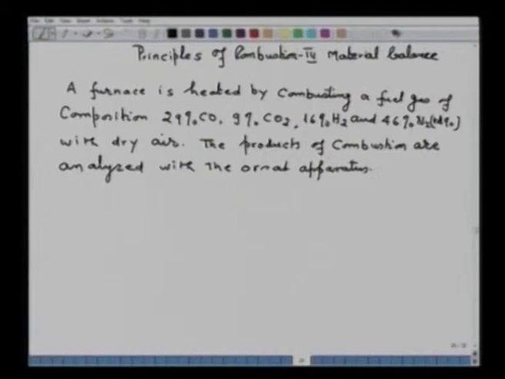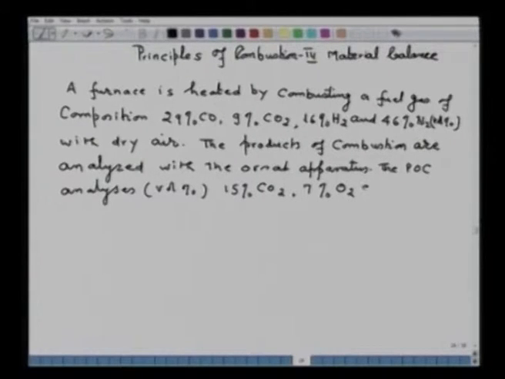So, this point is to be noted that Orsat analysis gives the analysis of POC, or products of combustion, on a dry basis. So, the POC analysis, again in volume percent, is 15% CO2, 7% O2 and 78% nitrogen.